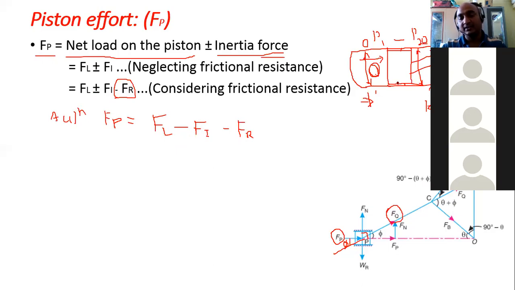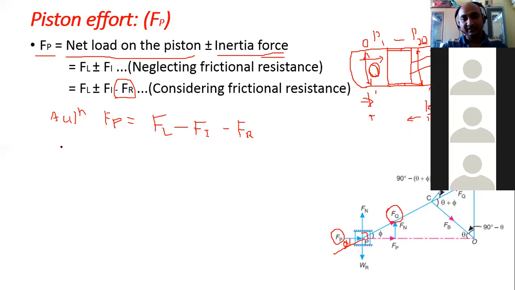And during retardation, when it is moving from BDC to TDC, what happens? Now it is retarding. Retarding means it wants to decrease its speed. But due to this inertia, it will move forward. It means that when the piston is moving from BDC to TDC, Fi is helping.